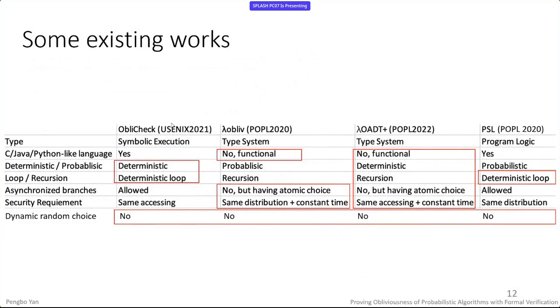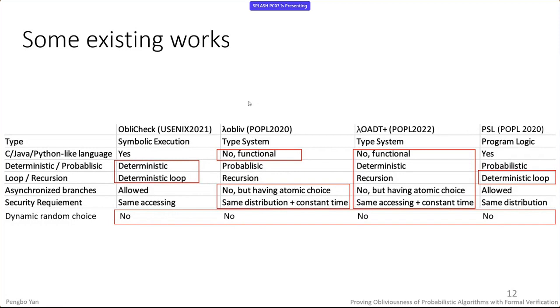There are some existing works, symbolic execution, type systems, or programming logics, which can be used to prove some oblivious algorithms, but none of these can be used to prove the previous one. For example, the first one, Obliviousness, and the third one, lambda OADT plus, cannot be used because they only work on the deterministic definition of obliviousness.